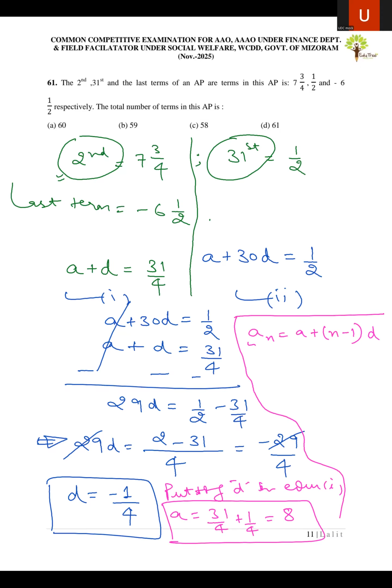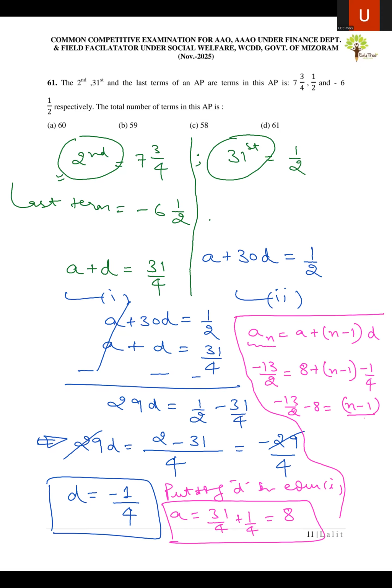An is the last term. So it is equal to how much? Minus 6 1 by 2, that is minus 13 by 2 equals, first term is 8 plus n minus 1, and difference is minus 1 by 4. So we can just simply solve it. This will be minus 13 by 2 minus 8 equals minus n minus 1 by 4.